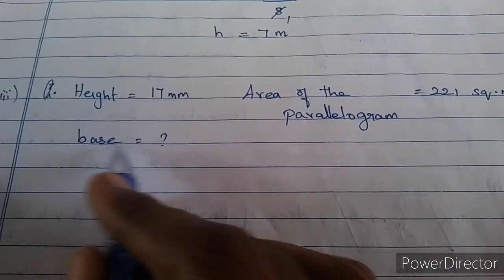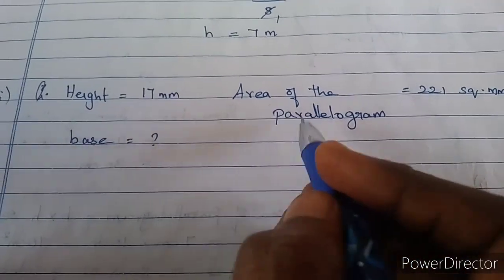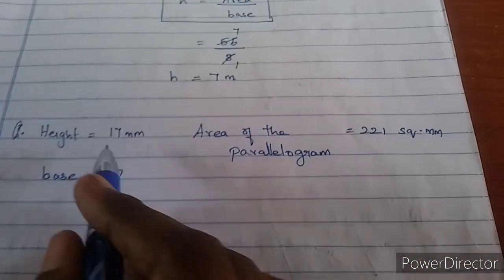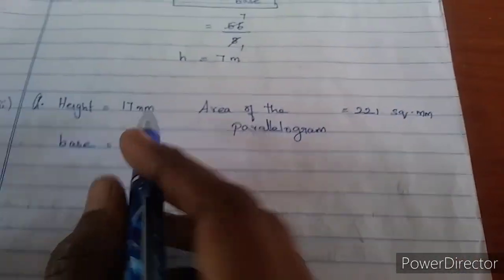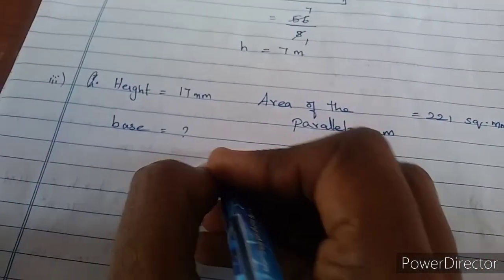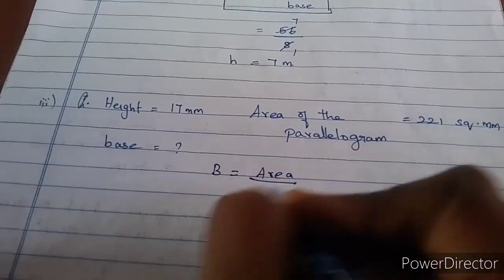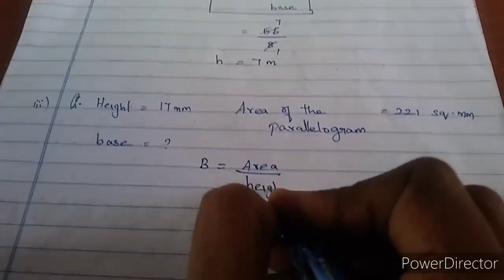Let's move on to the next subdivision. In this, we are going to find the base. The given area is 221 square millimeter and the height is 17 millimeter. To find base, area divided by height.